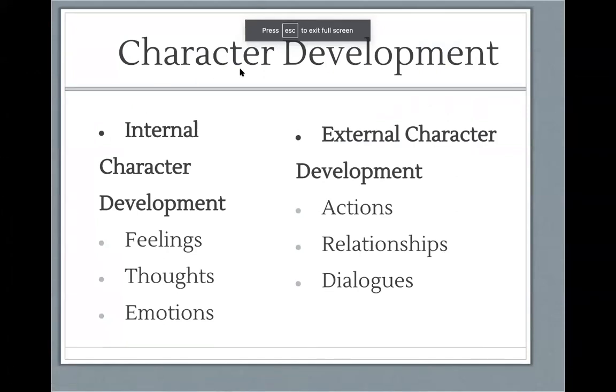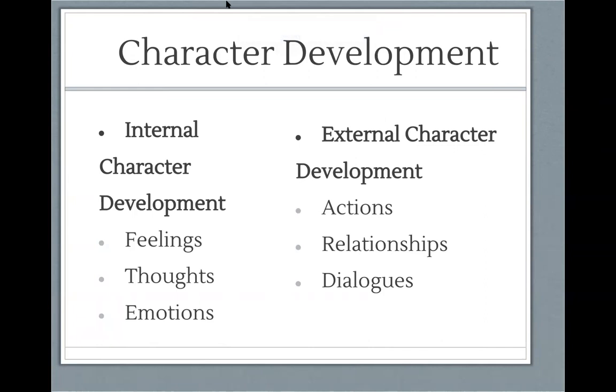All right, when we think about character development, I want you to think a bit more broadly because we are thinking about this complexity of thought. So we want to think about our character both internally and externally. Internal character development includes their feelings, thoughts, and emotions. We can track these things throughout the text. We can see how their thinking may have changed, because a dynamic character often isn't physically dynamic.